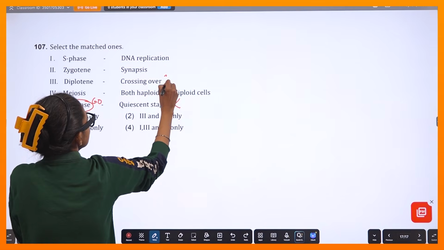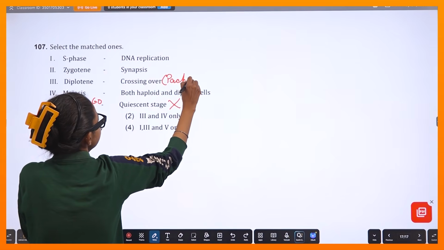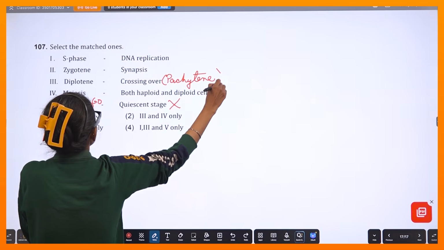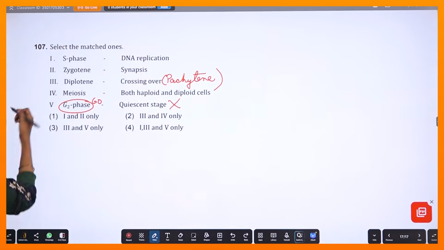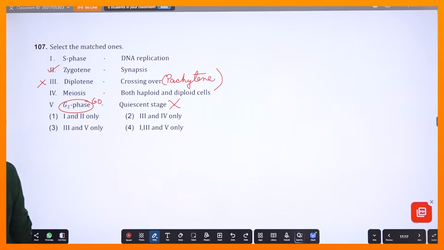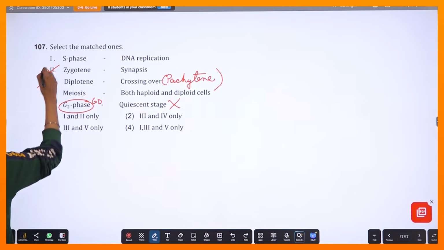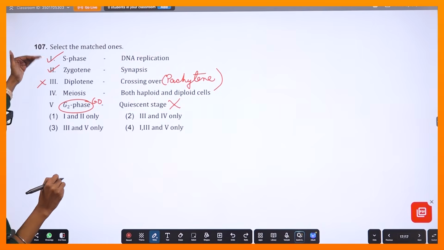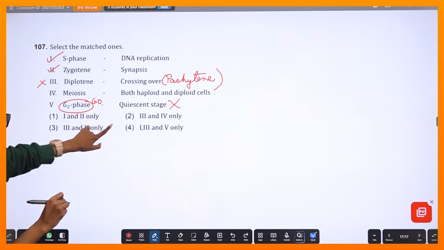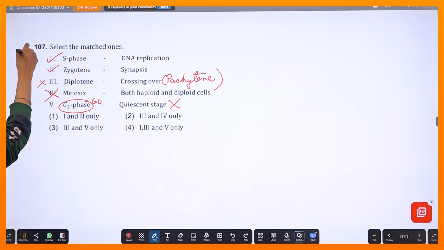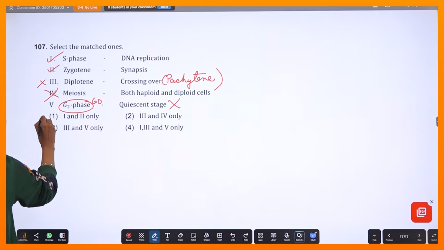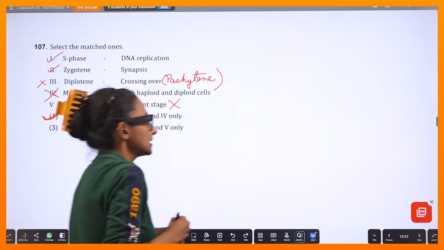Oh no, crossing over takes place in pachytene. And in diplotene, chiasma formation takes place, right? So no. All right. Zygotene synapsis, correct. S-phase DNA replication, correct. So option 1 and option 2. I cannot take the fourth one because no such option is there. So option 1 and option 2 is the answer. Let's move on.